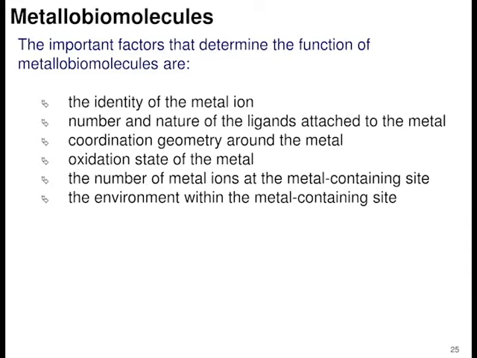In this case, the 4 nitrogen atoms of the porphyrin ring and the nitrogen atom of the histidine residue. This one is not nitrogen, it's the substrate. If it's oxygen, you can put down the oxygen molecule, which is bound as superoxide.